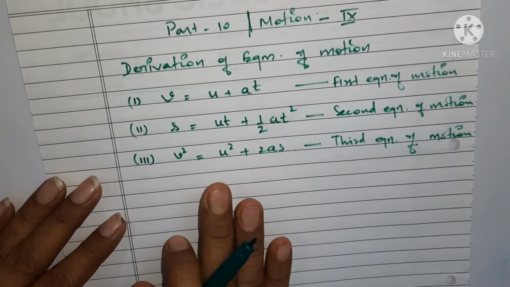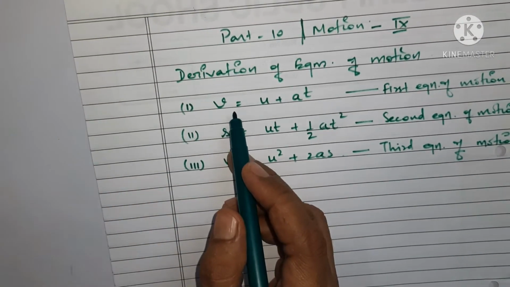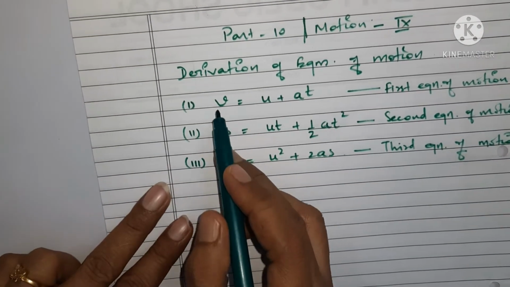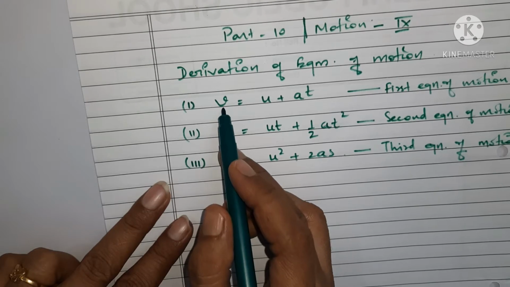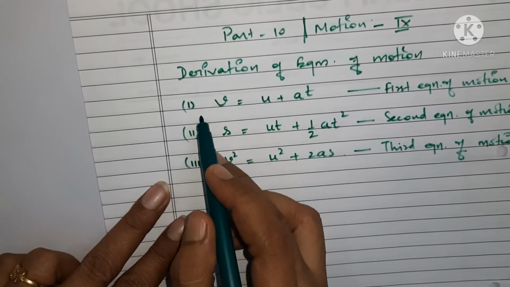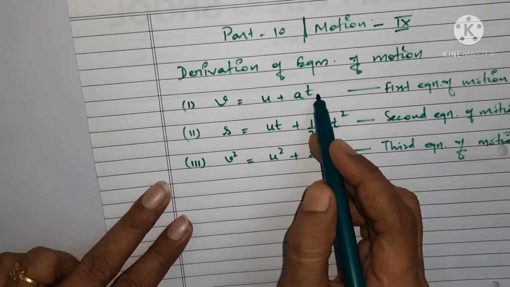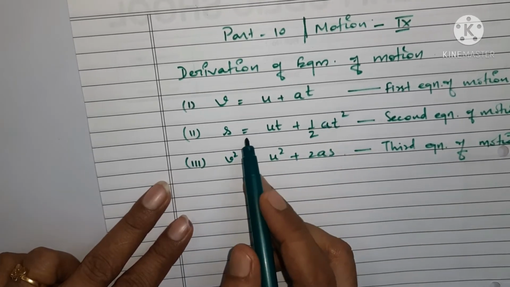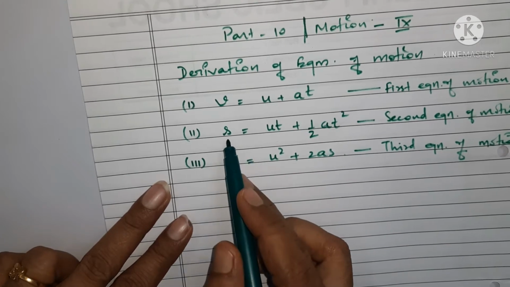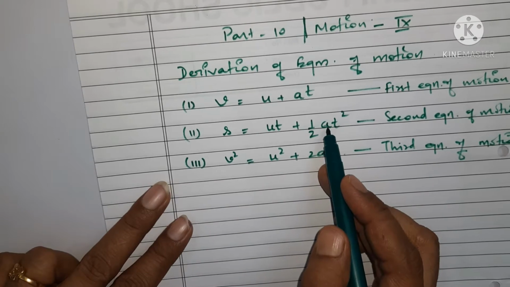One more point you have to understand is that v is the final velocity. Here we are finding the final velocity of any object which is in motion in time t. In the second case we are trying to find the distance covered in time t with acceleration a.